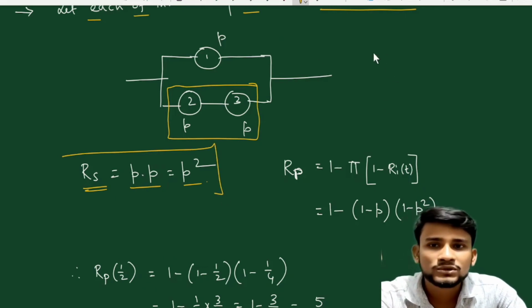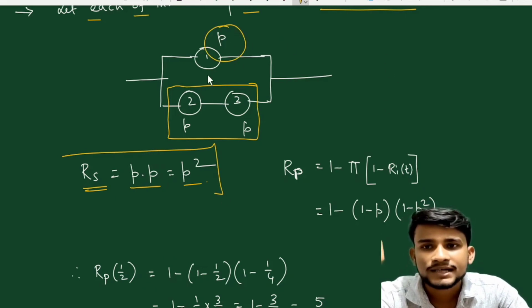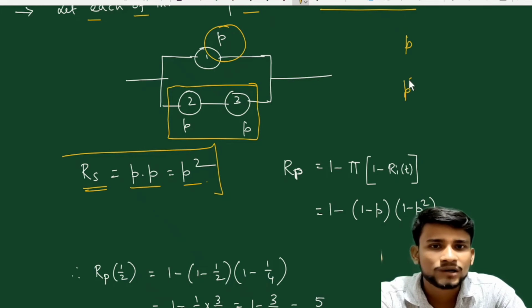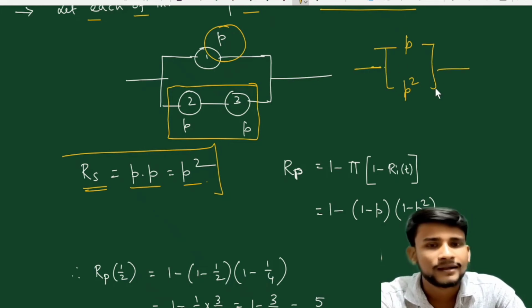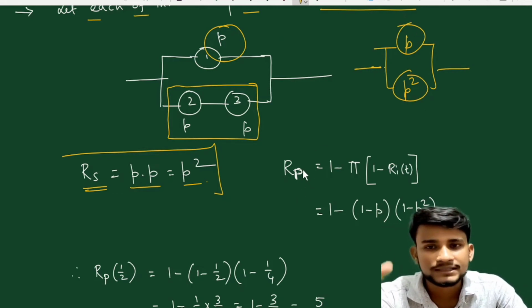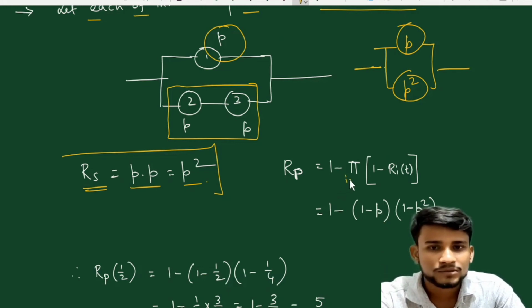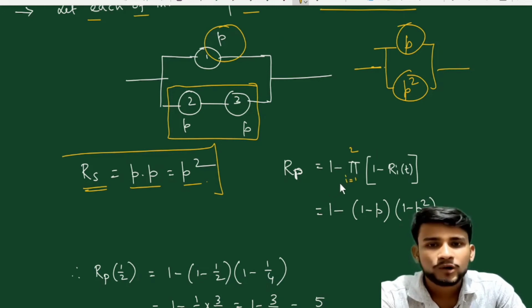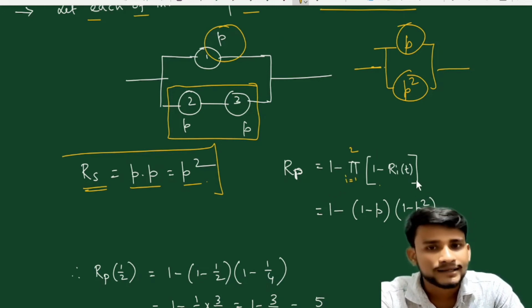Now we have 2 systems with reliability p and p square connected in parallel. Therefore R_P(t), the total reliability of the system, is given by the formula: 1 minus the product over i equal to 1 to 2 of (1 minus R_i).